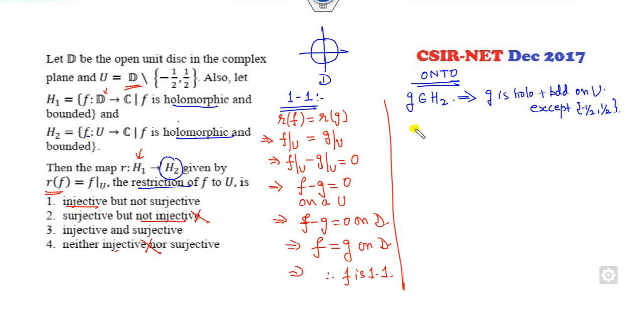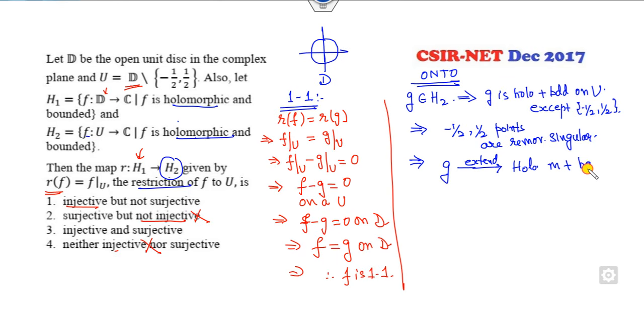But you can clearly say these minus half and plus half points are removable singularities. Because it's an open disk, you can easily remove them. Once it's a removable singularity, we know we can extend the mapping to a holomorphic mapping, as G is also bounded. So we can extend this mapping to an analytic function on the capital D.